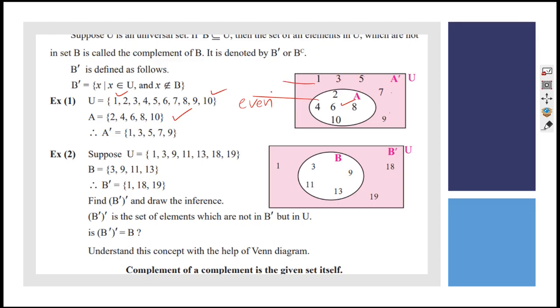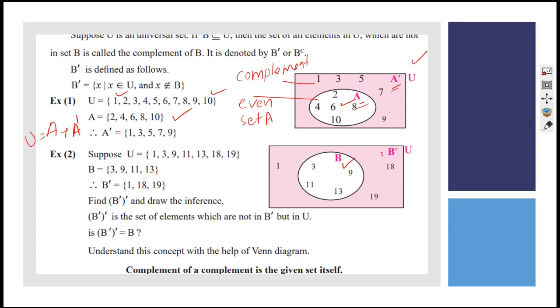These numbers are named the complementary set or complement set, or complement of the subset, or complement of set A, we can say. When a set and its complement are added together, the result is the universal set. That means A and A dash, which is the complement set, both together make the universal set.